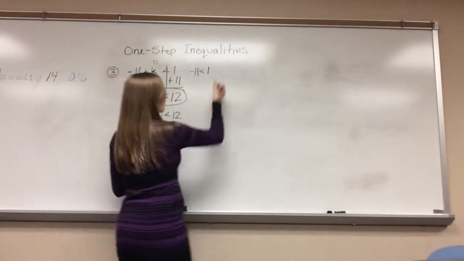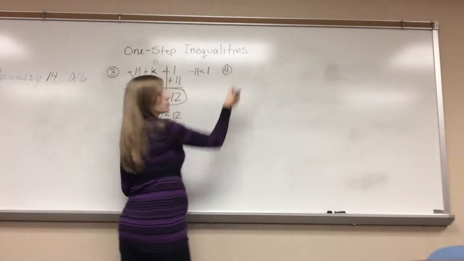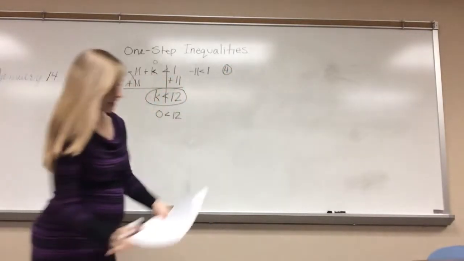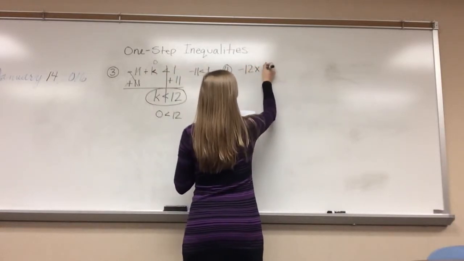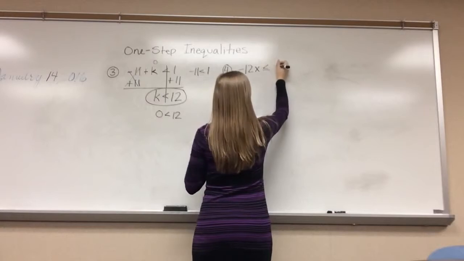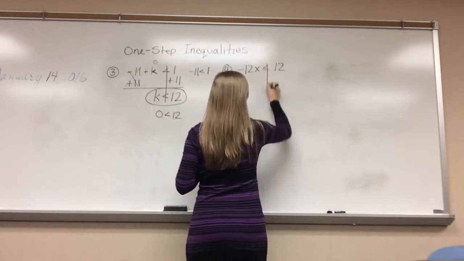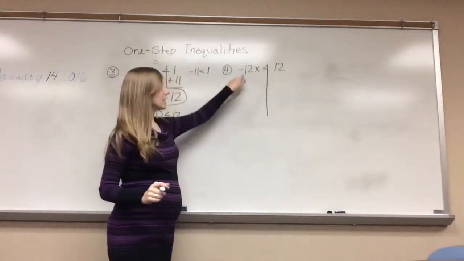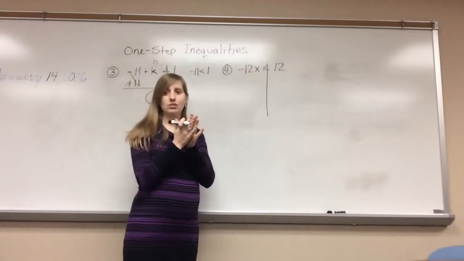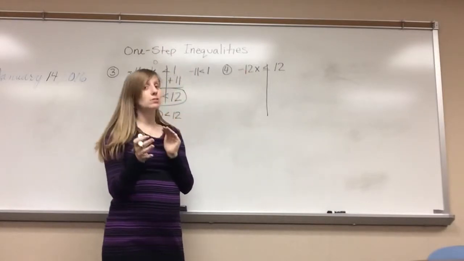Let's take a look at problem number 4. Problem number 4 is negative 12x is less than or equal to 12. And I want to solve my inequality. Now, the negative 12 and the x are right next to each other. Remember, that means multiplication.